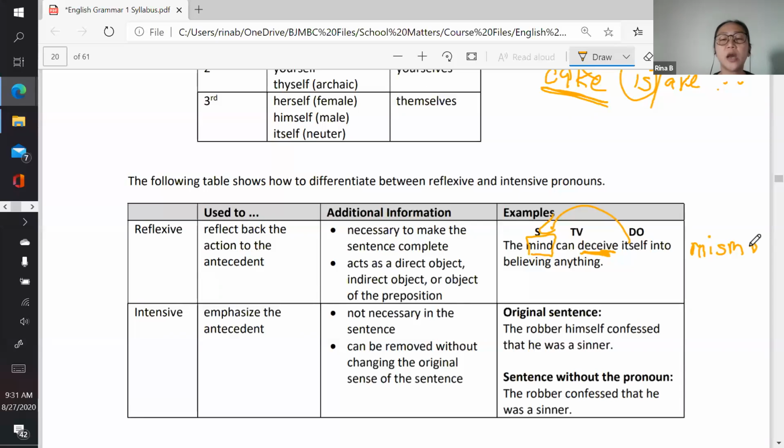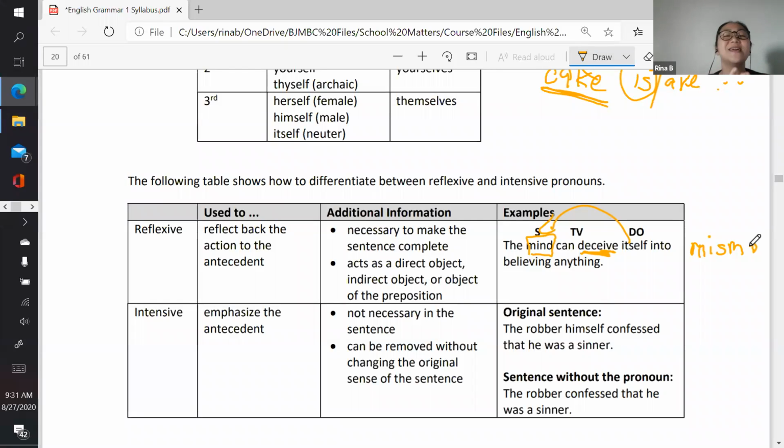Okay? So, in our sentence, the robber himself confessed that he was a sinner. Okay? Even if you removed the word himself, the sentence will still make sense. The sentence will still be complete, right? The robber confessed that he was a sinner.